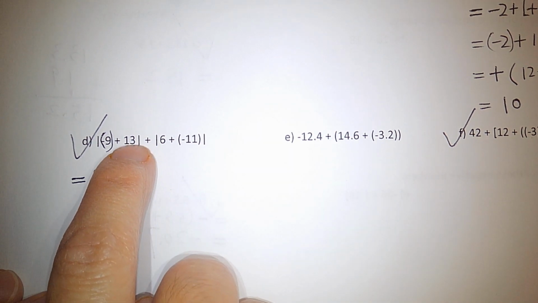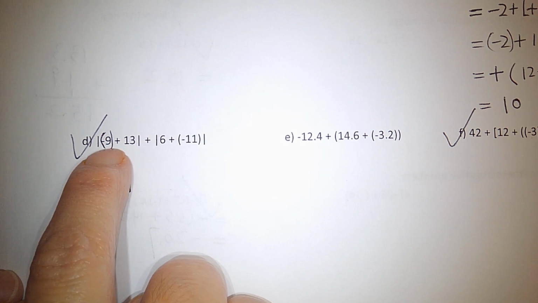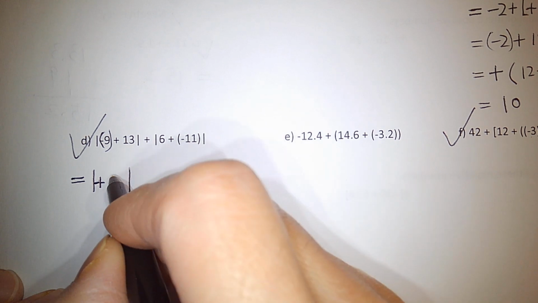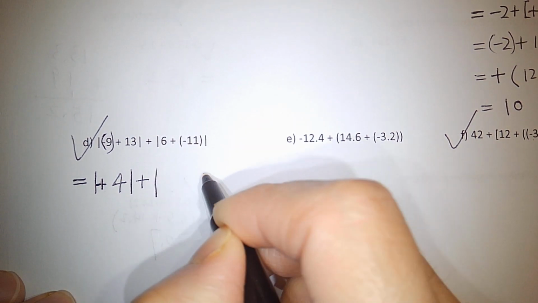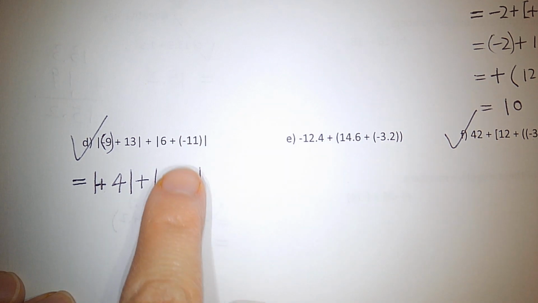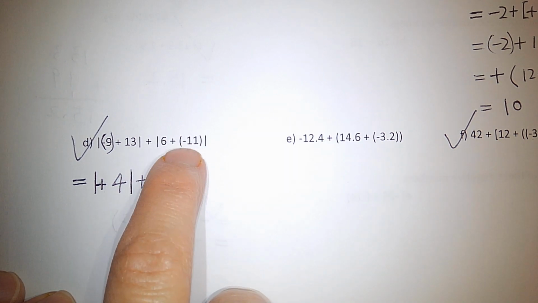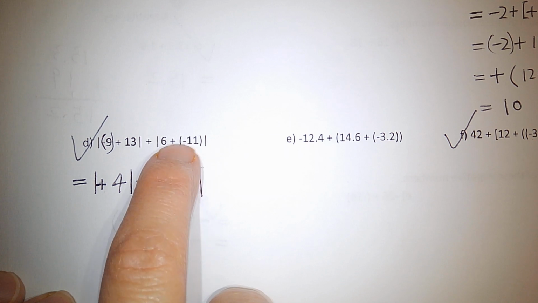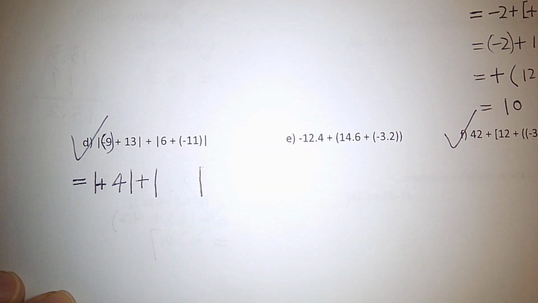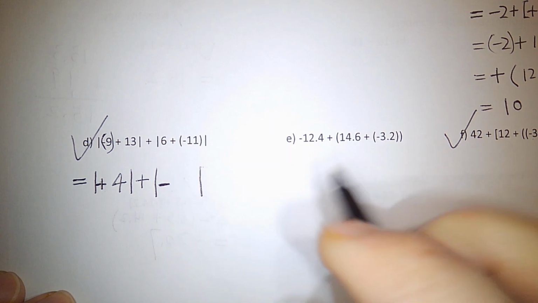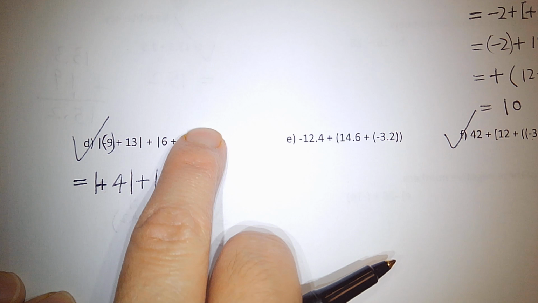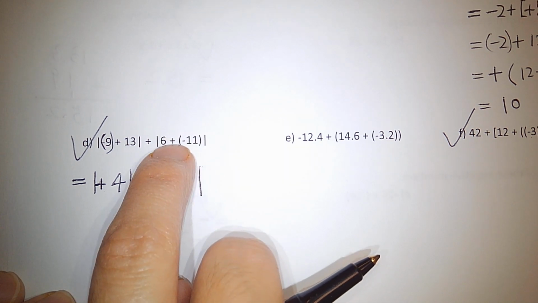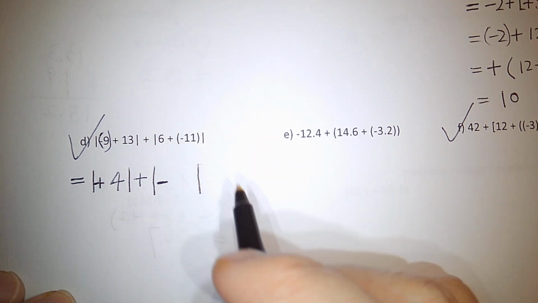Then we use 13 minus the absolute value of negative 9, which is 9. 13 minus 9 gives us 4. Then 6 plus negative 11. Negative 11 has the negative sign. Then we use the absolute value of negative 11, which is 11, minus 6, which gives us 5.